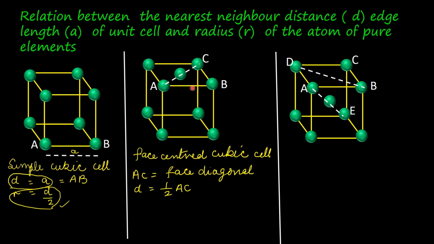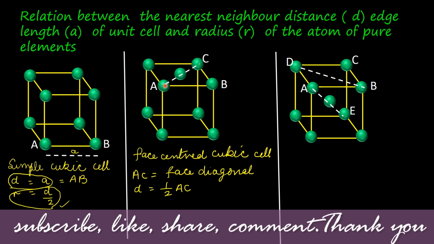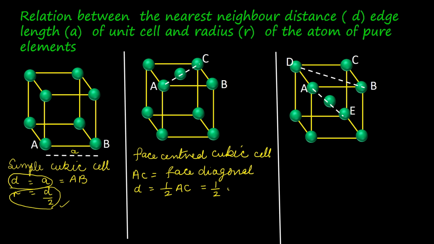When we consider this right-angled triangle, AC is equal to root 2 a. Click the I button to watch the video where I have already derived this expression. So this is equal to half root 2 a. So d is equal to root 2 a by 2.